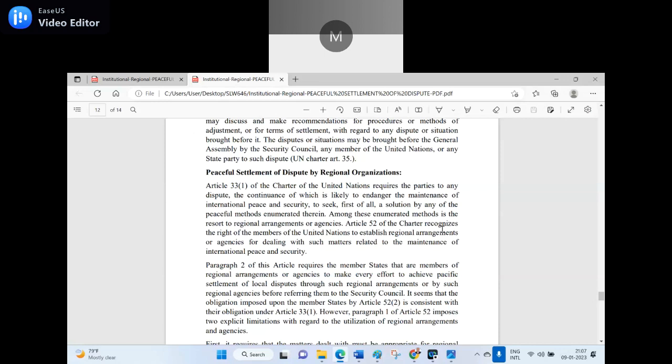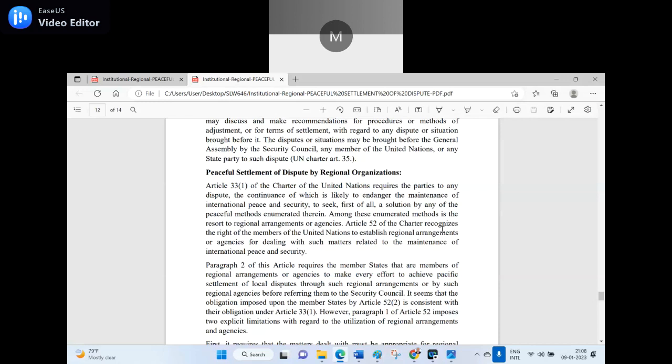Article 33(1) of the Charter of the United Nations requires the parties to any dispute, the continuance of which is likely to endanger the maintenance of international peace and security. Every time you will come across the same words: endangers the maintenance of international peace and security. It's a common saying. The parties must seek, first of all, a solution by any of the peaceful methods enumerated therein.